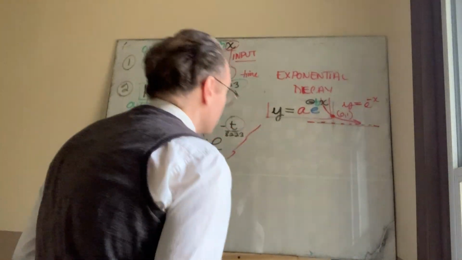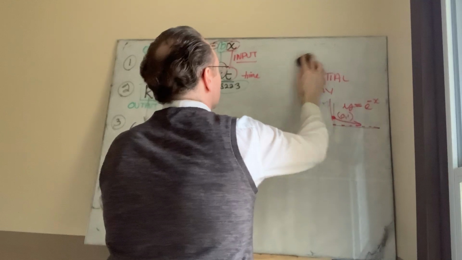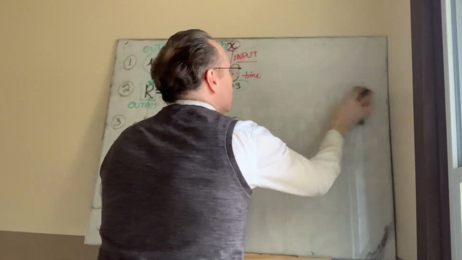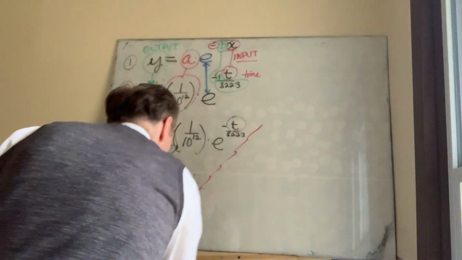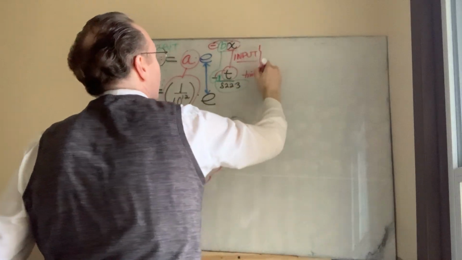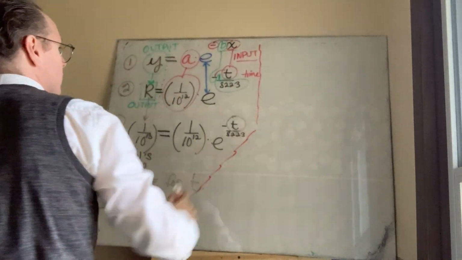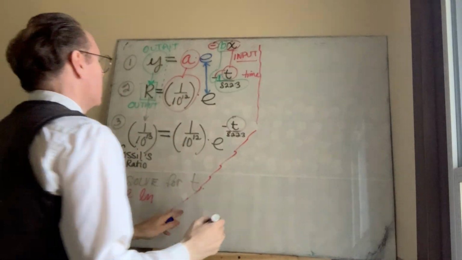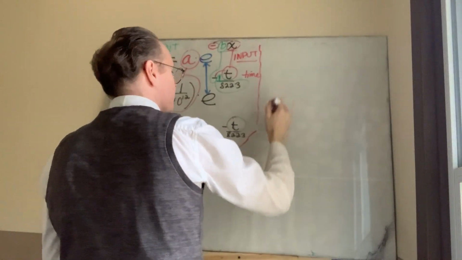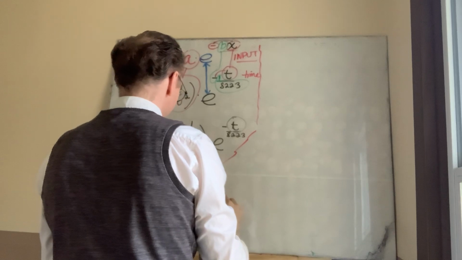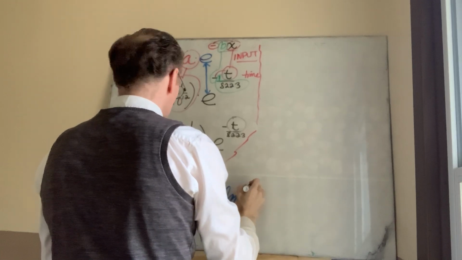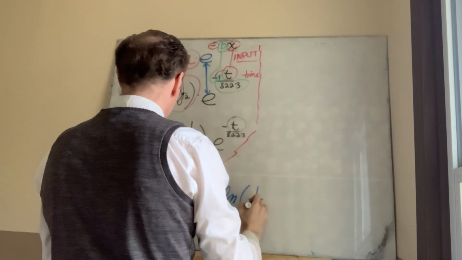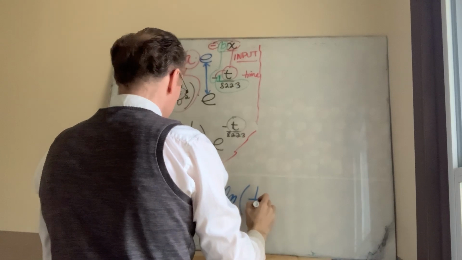I may erase this because I don't need it anymore. Okay, I'll do the work adjacent here. If I took the natural log of 1 over 10 to the 13th, no, don't do that yet.